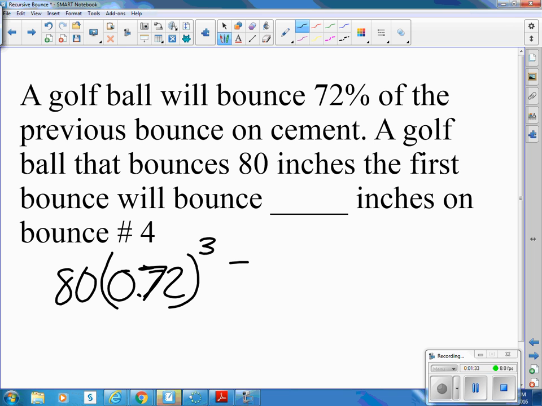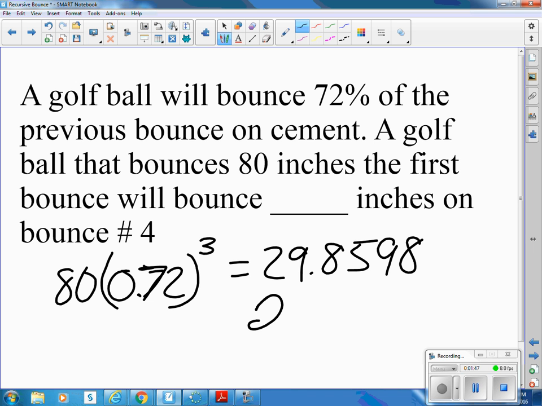The calculator says 29.59. So if I were going to round that to the nearest tenth, I would say 29.9, because the next number after the 8 is 5 or greater.